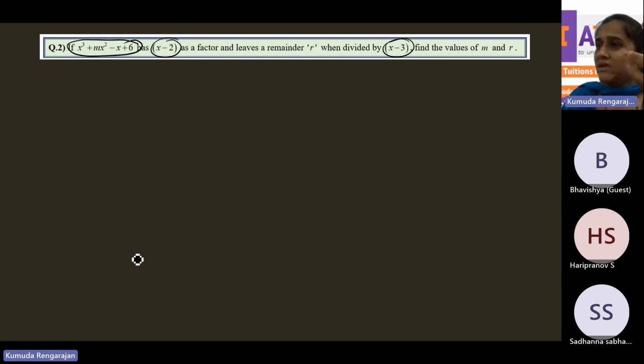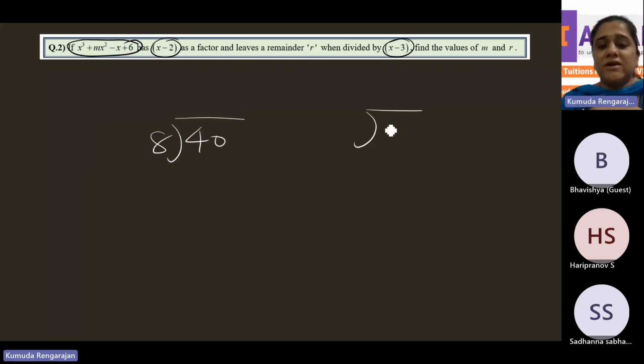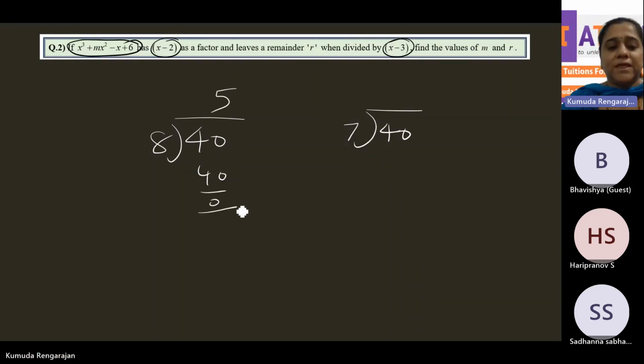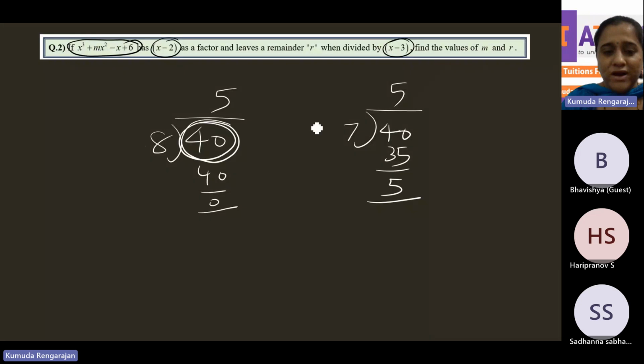But when you divide by 7, the remainder is 5. So we have one dividend and two divisors.